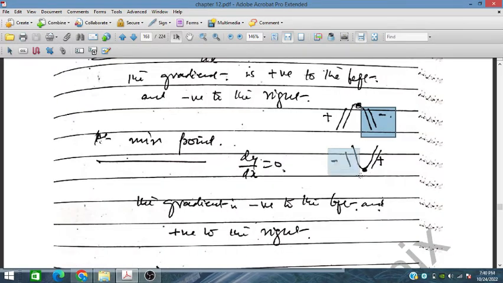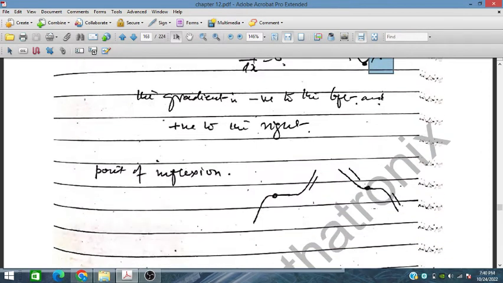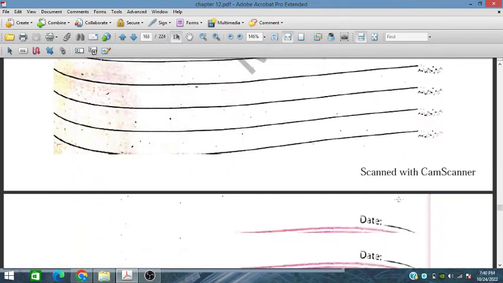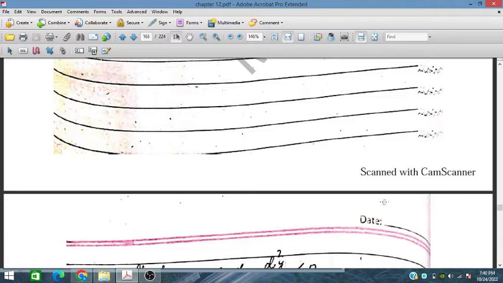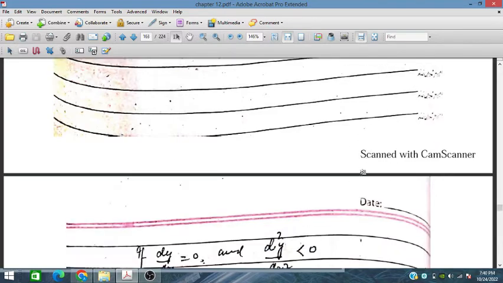On the left-hand side it is negative, and on the right it is positive. The point of inflection is this kind of point where the gradient is rising, then stationary, and then again positive; similarly negative, then stationary, and then again negative. This kind of function gives an inflection point.